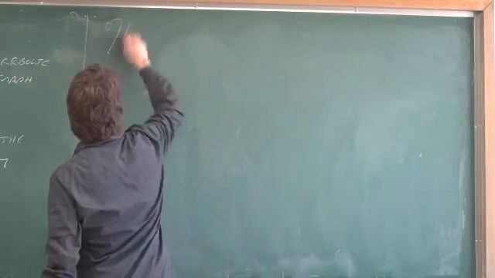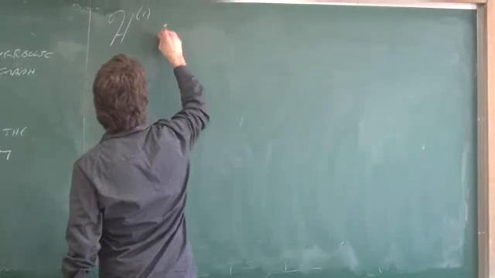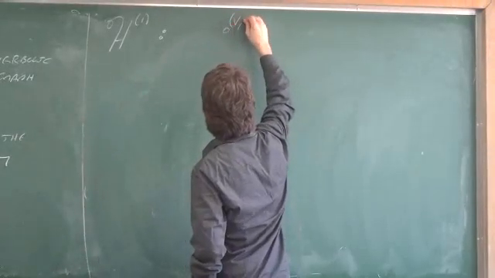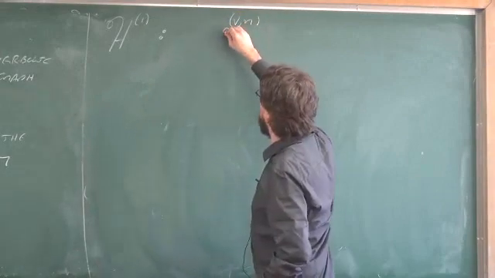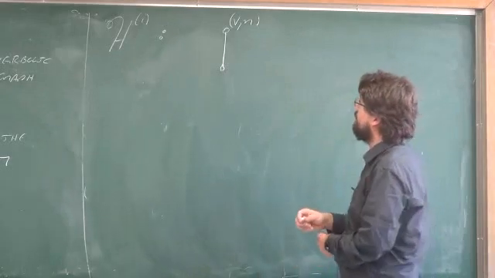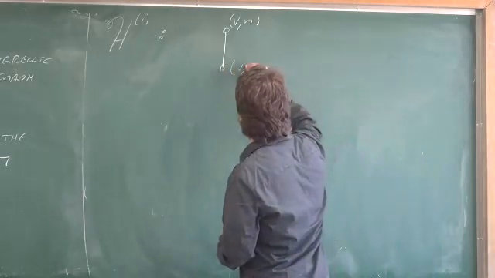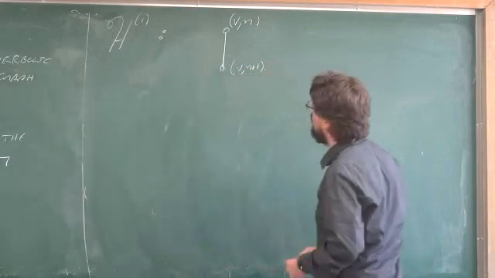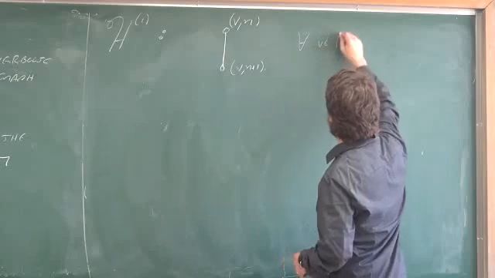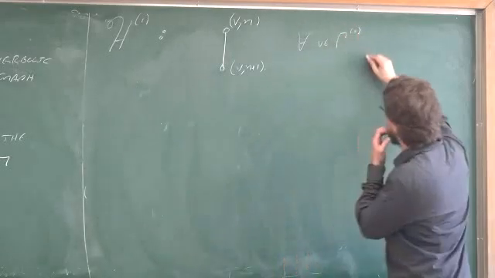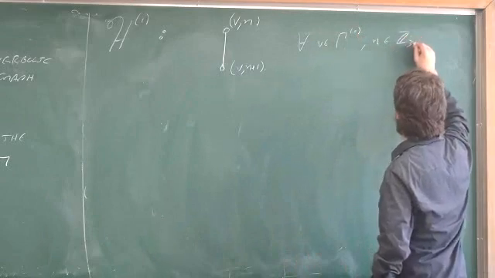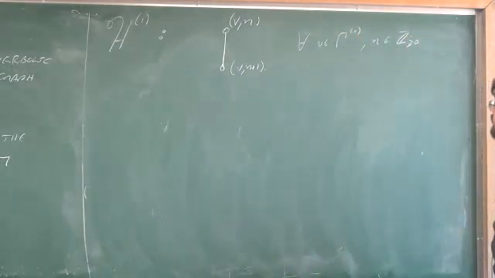So how do I define the edges? There's going to be two types of edges. If I have a vertex v of gamma, then I want to connect (v, n) to (v, n+1) for all v in the 0 skeleton of gamma, and all n in the non-negative integers.